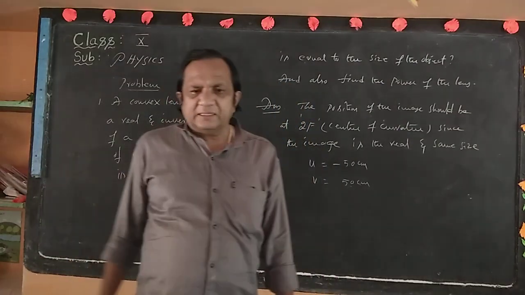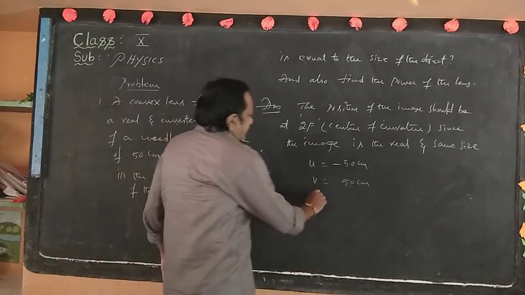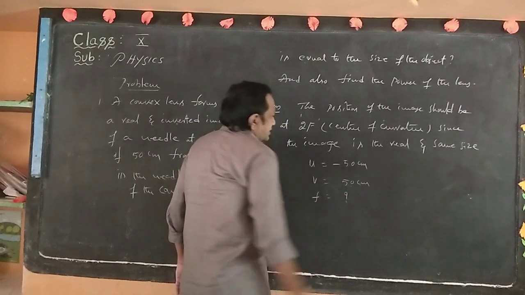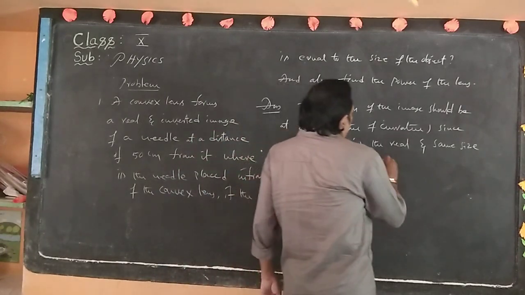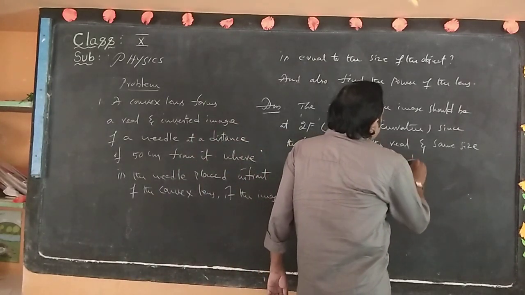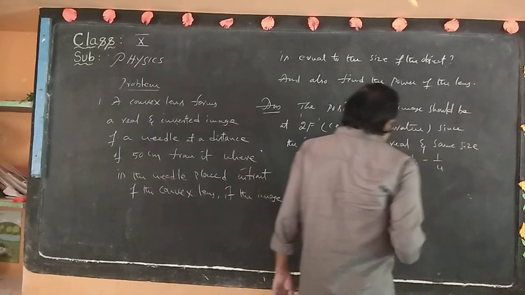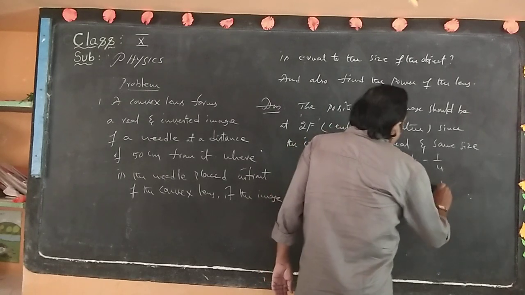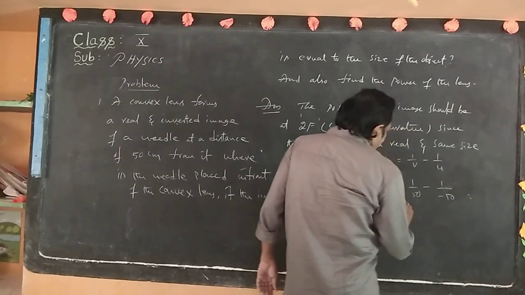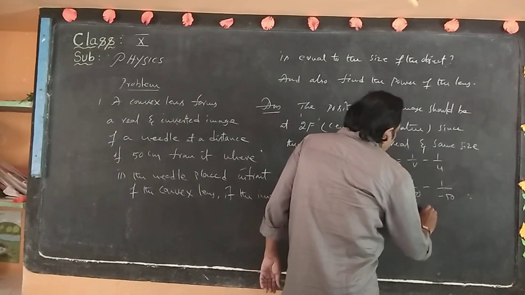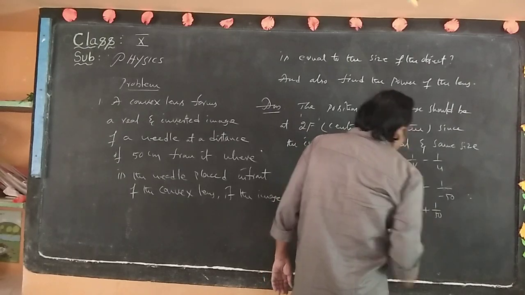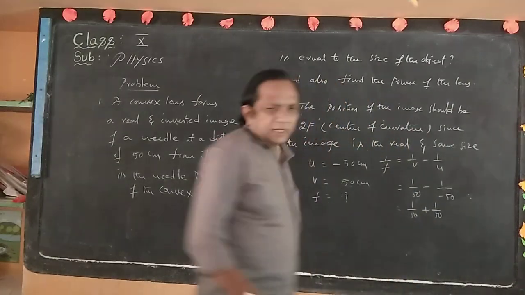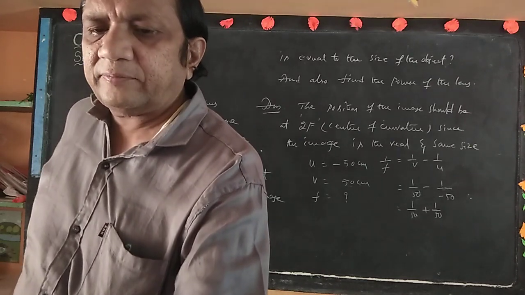Now we first calculate the focal length of the lens. Recall the formula, 1 by f is equal to 1 by v minus 1 by u, that is 1 by 50 minus of minus 1 by 50, which is 1 by 50 plus 1 by 50.